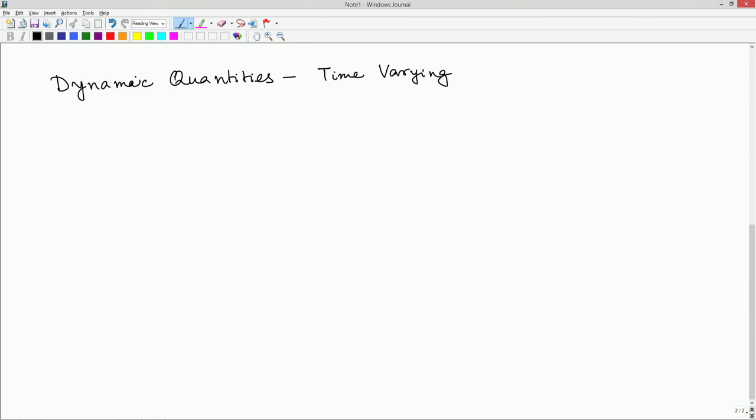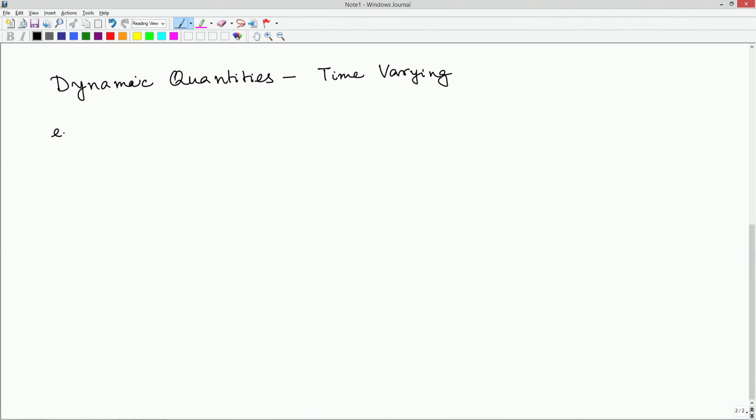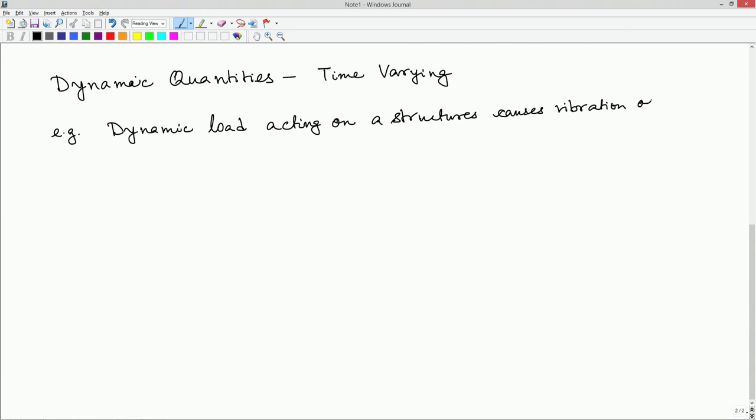In this course we will be interested in dynamic quantities, time varying quantities, and as an example, a dynamic load acting on a structure causes vibration of the structure. How to calculate the vibration of a structure due to a given applied loading is the subject matter of theory of vibration.